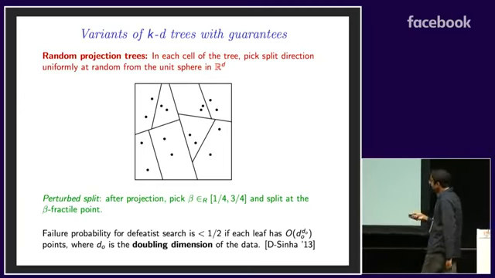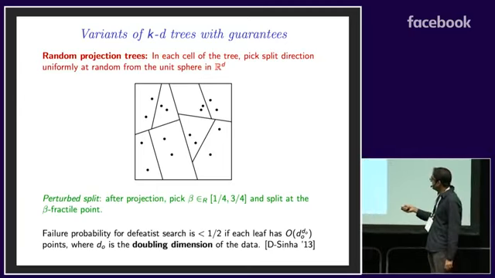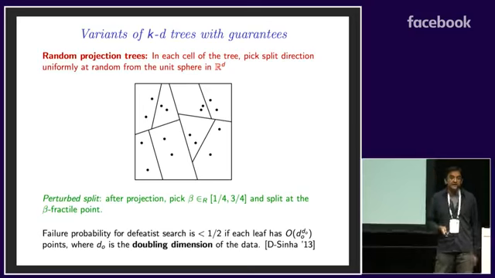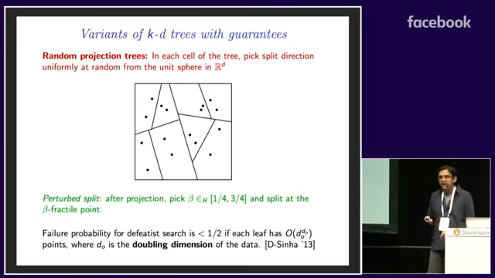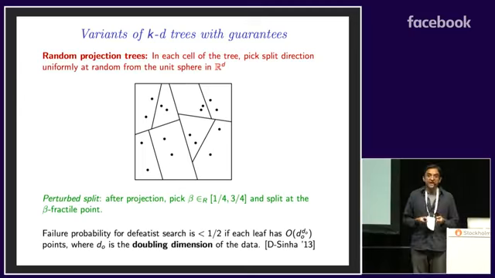Okay? The second thing going on over here is that the time complexity to answer a query is log n plus the number of points in a leaf. And the number of points in a leaf is exponential in this doubling dimension. And what I'll do now is I'll just spend a little bit of time talking about the doubling dimension because a lot of different notions of dimension have come up in developing nearest neighbor algorithms, okay?